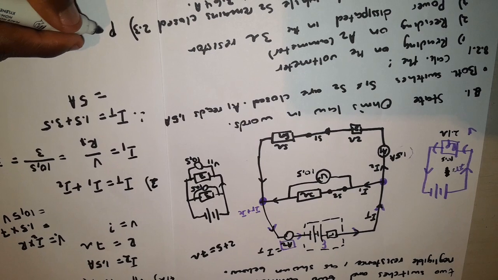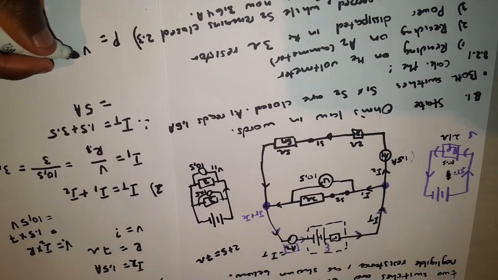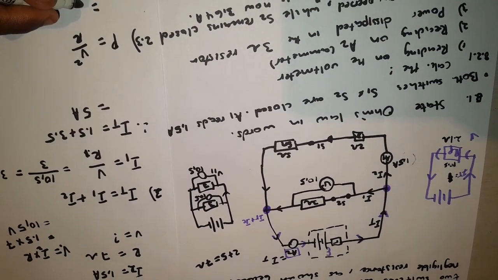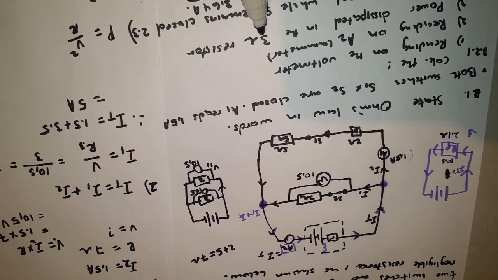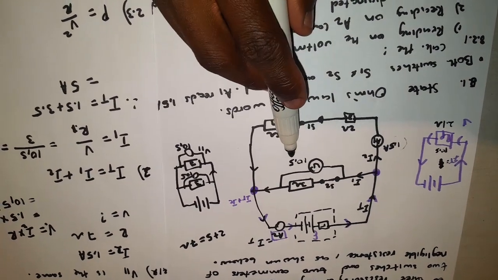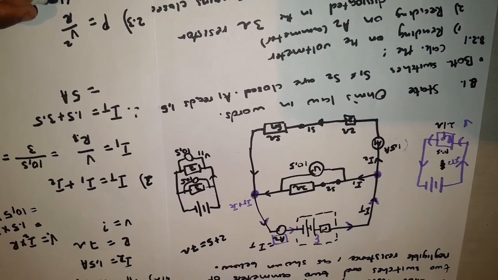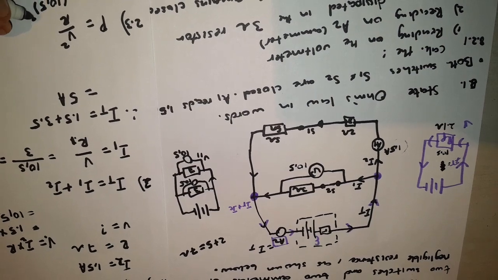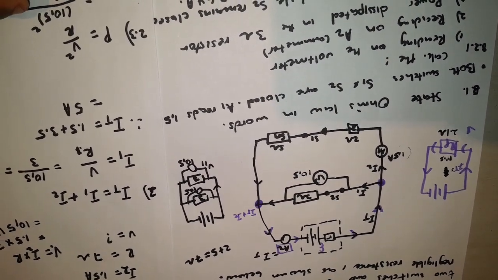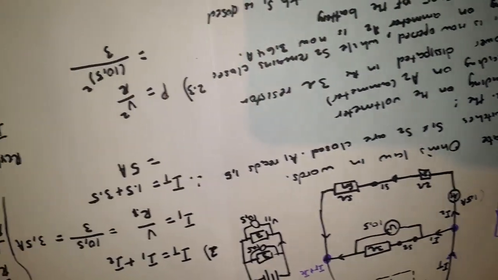We know that the power is V squared over R. The resistor is this one, and we are still going to use the same voltmeter reading, 10.5 squared all over 3.